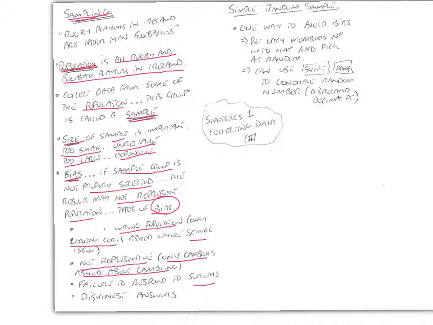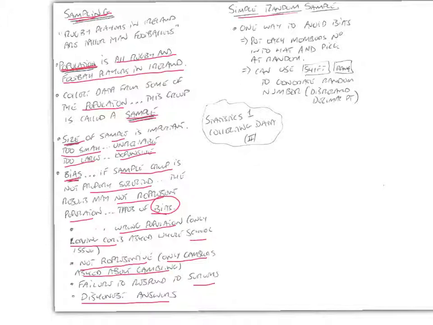And then sometimes you might get all the questionnaires back, but you might have some dishonest answers there. So there's several ways in which the data can be biased, or we might say that the data can be polluted.